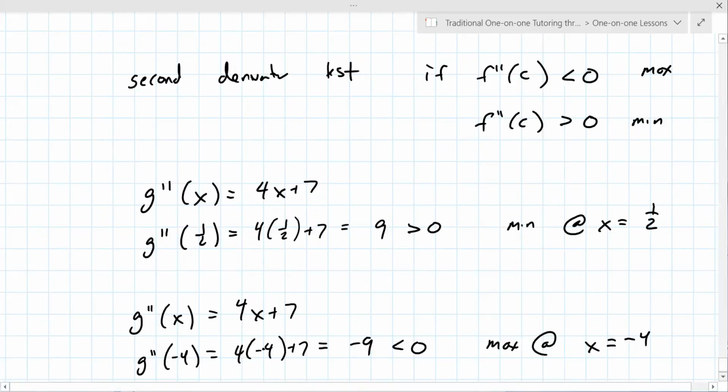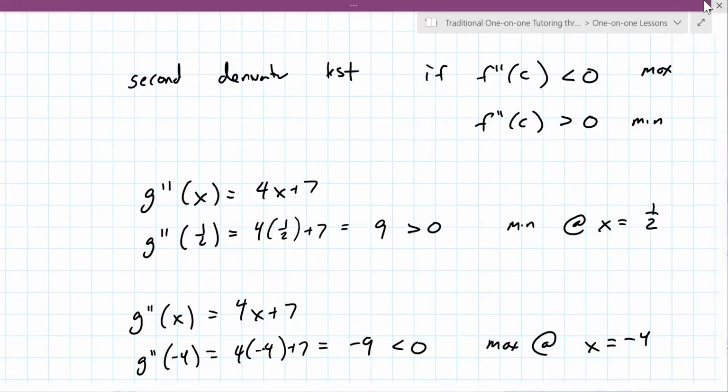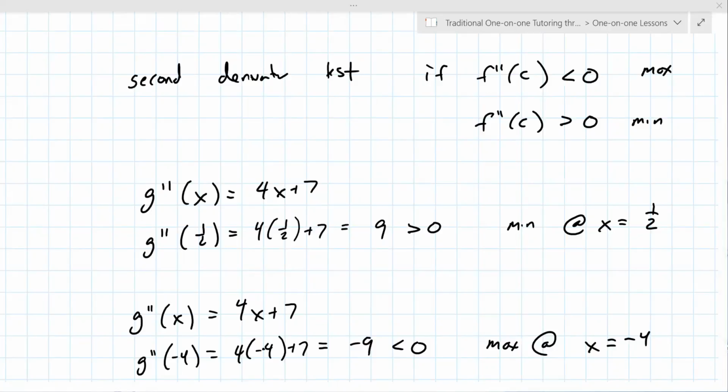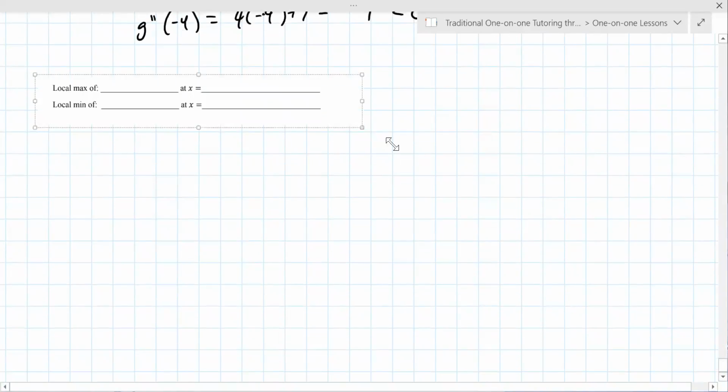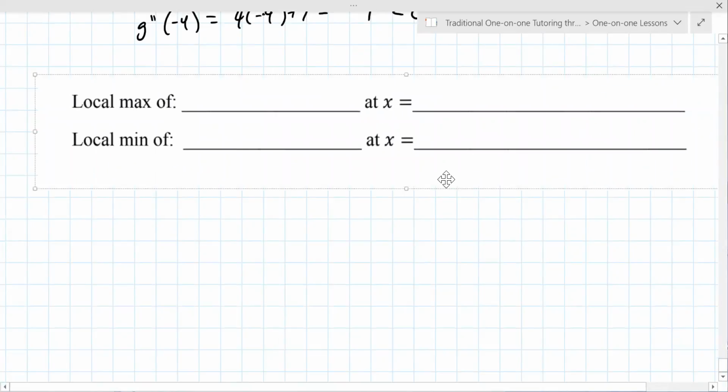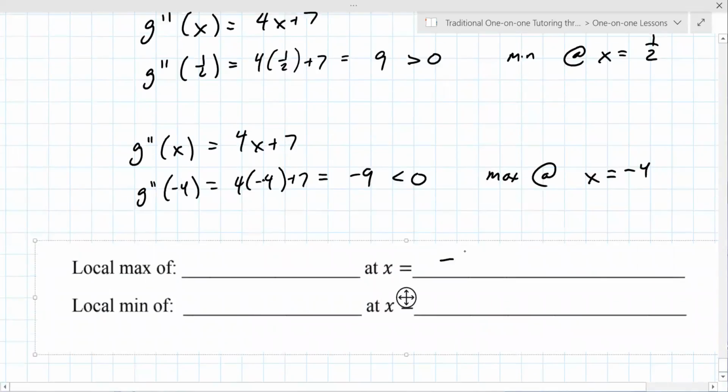Understandable. Okay. Now I'm going to snip in the answer space and you can see what we're going to do next. All right, so here's what we've found so far. We have found that there's a max at x equals -4. That's from this line, and a min at 1/2.